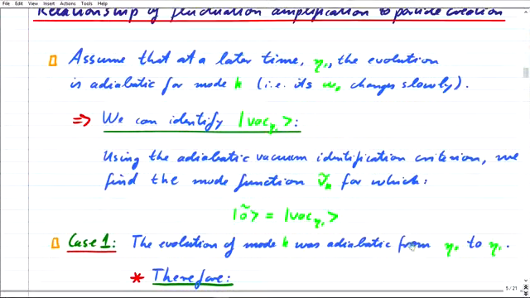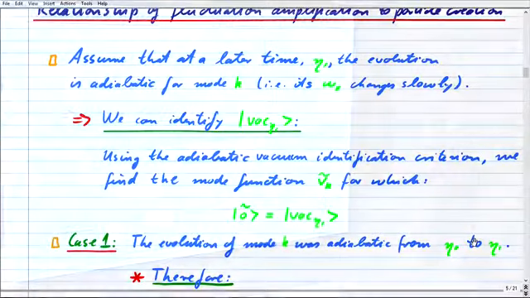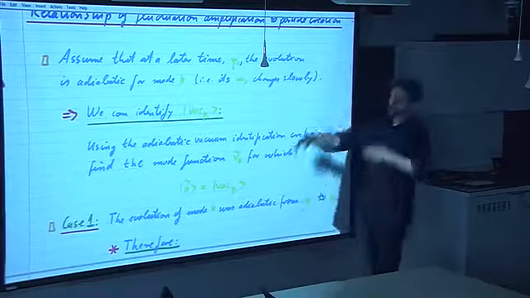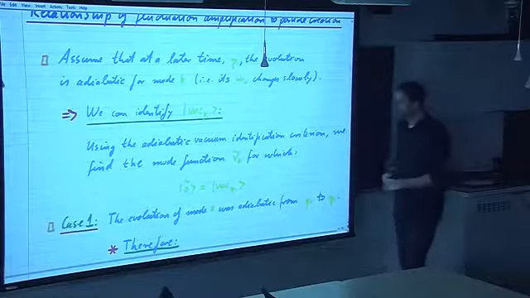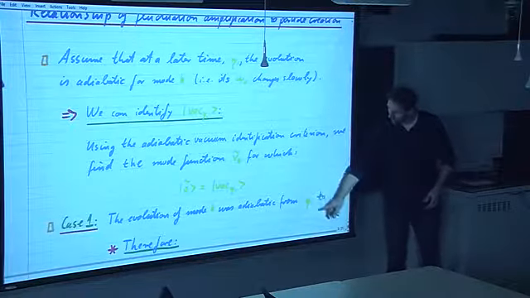Now, let's consider several cases. Case 1 is that the evolution of the mode oscillator K, and therefore of the space-time, was such that the mode oscillator changed only adiabatically, all the way from eta 0 to eta 1.